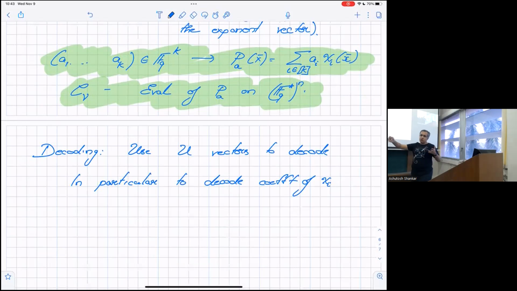Given the evaluation of the polynomial, I need to decode the polynomial back from it. I want the message, that is, the coefficients of chi 1, chi 2, ..., chi m. Obviously, we are going to use the corresponding matching vector.